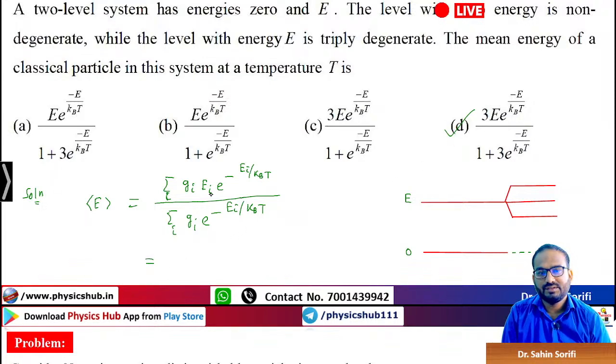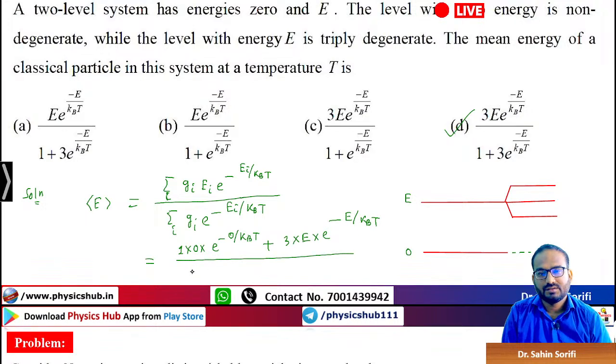So here only i will be 0 and 1, right? For i equals 0, it is considering the 0 level. So this is non-degenerate, g is equal to 1. Energy value is 0, e to the power minus 0 by kT, plus the energy level is triply degenerate with energy E, e to the power minus E by kT.